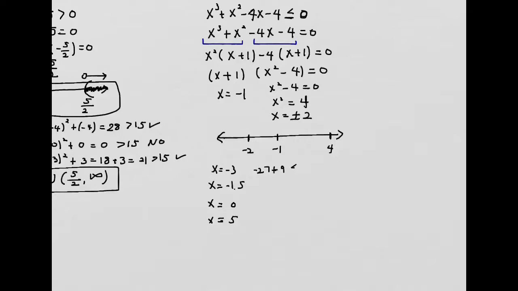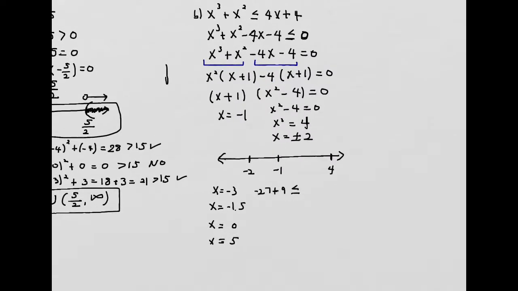Is that going to be less than or equal to, we're replacing it in the original inequality, 4 times x, so 4 times -3, you're going to get -12, plus 4. So is the left side smaller than the right side? Yeah, obviously, because you have the bigger negative number, right? So you will say yes, it checks out.